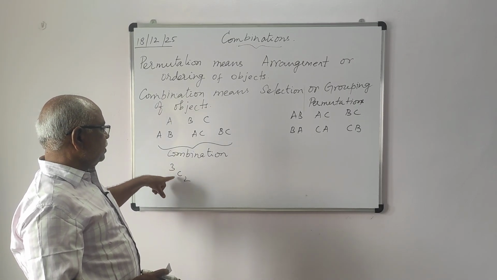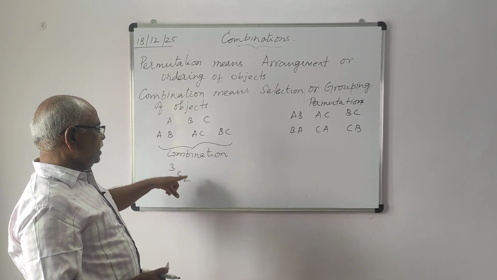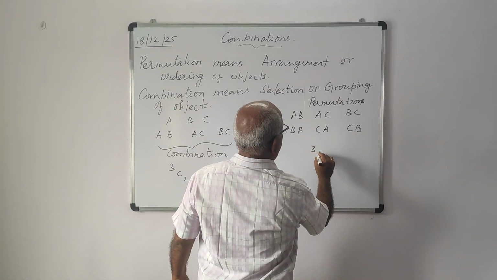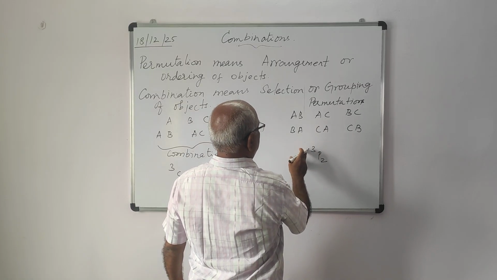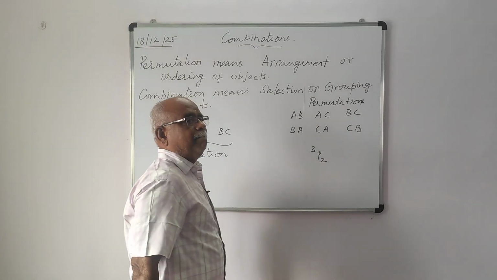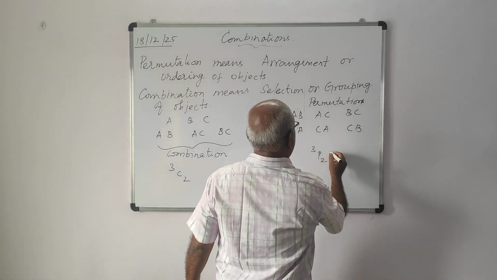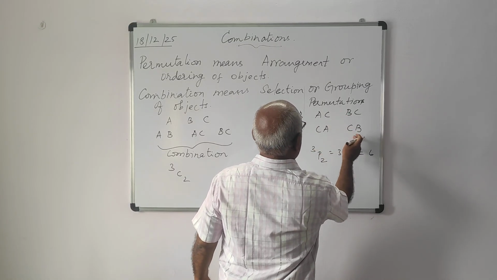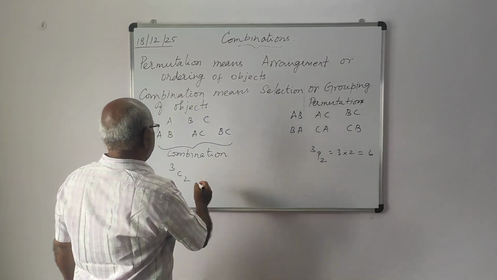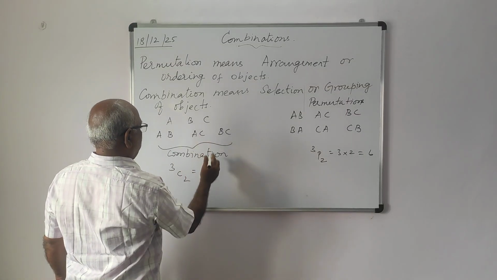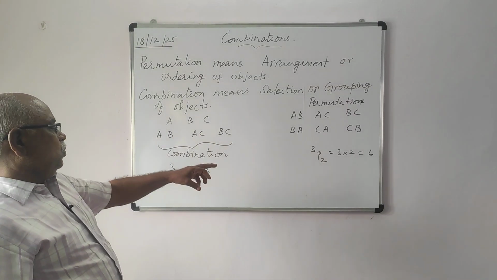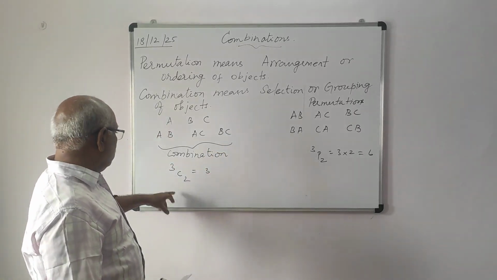Whereas this is 3P2, number of permutations of three things taken two at a time. 3P2 is 3 into 2, that is equal to 6: 1, 2, 3, 4, 5, 6. Here 3C2 is only 1, 2, 3. So 3P2 is 6, while 3C2 is 3.